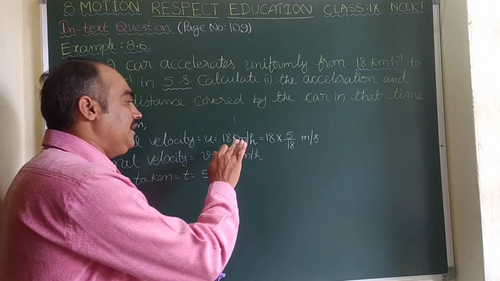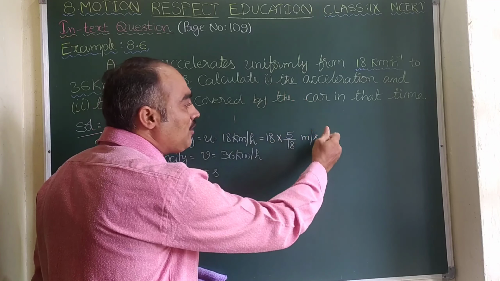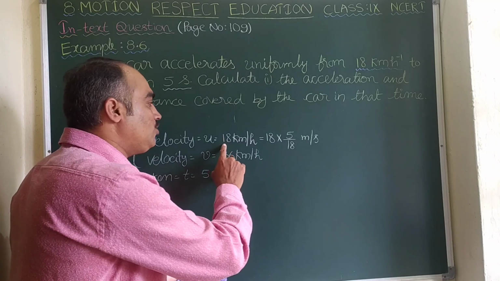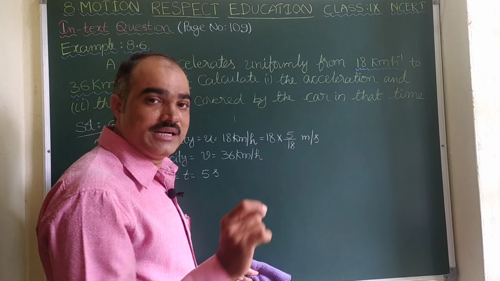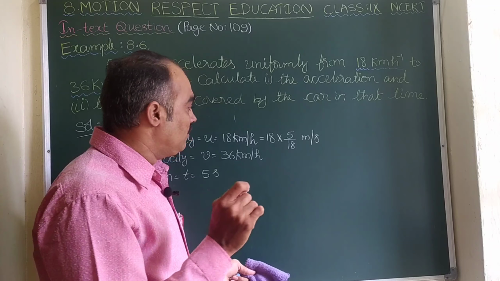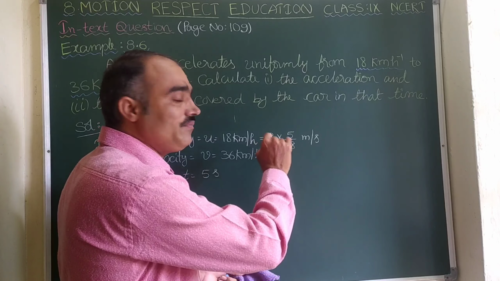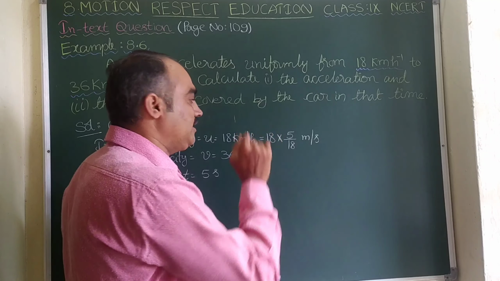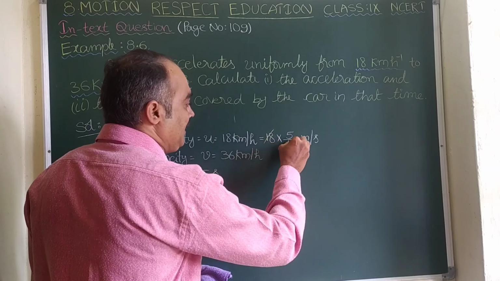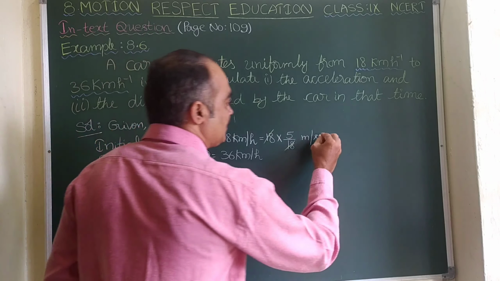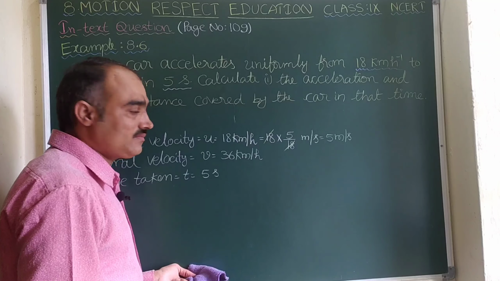If it is given in meter per second and we are asked to find kilometer per hour, then the value is multiplied by 18 by 5. Those who have doubt in the conversion can follow my previous videos to get a good idea over this. Now let us cancel 18 and 18. Now we get the answer as 5 meter per second. This is the initial velocity.